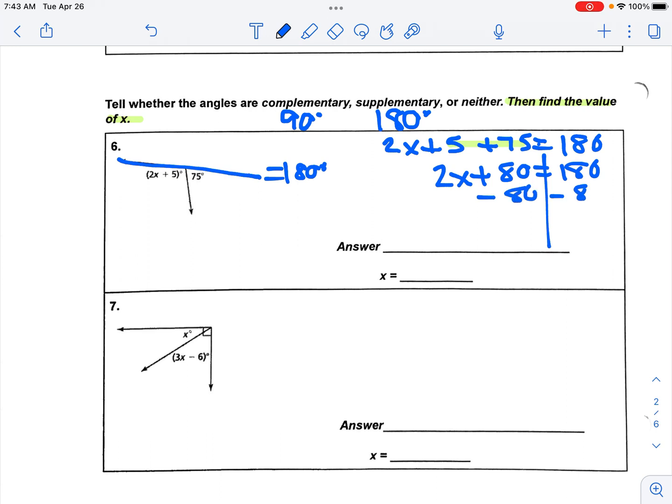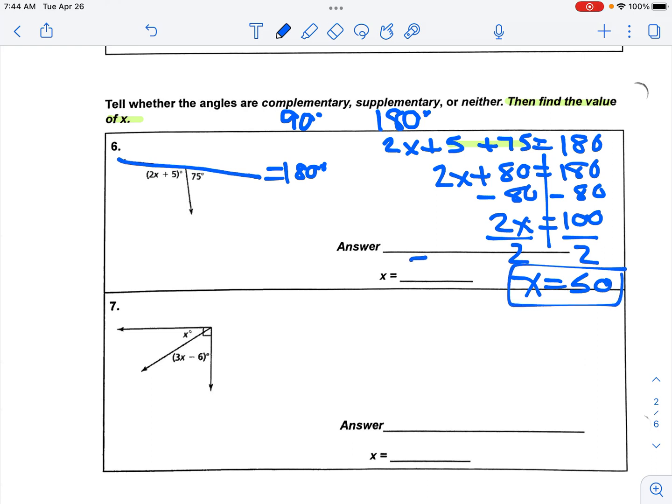Undo your addition. 2x equals 100. Divide both sides by 2. X equals 50. So 50 degrees.